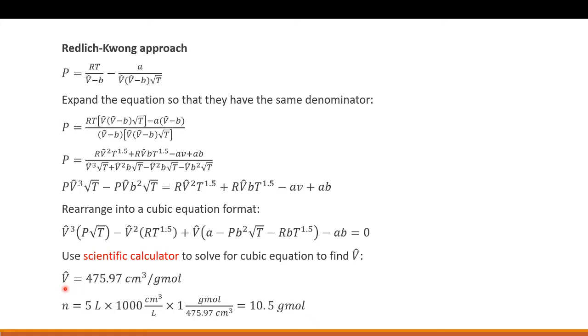Similarly, you get your v cap to be 475.97. The value compared to van der Waals is slightly lower. It's not much difference, but it's slightly lower. And then look for your number of moles by taking the volume divided by v cap, which gives you 10.5 gram mole.